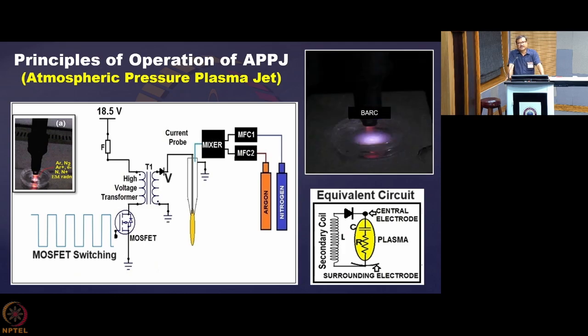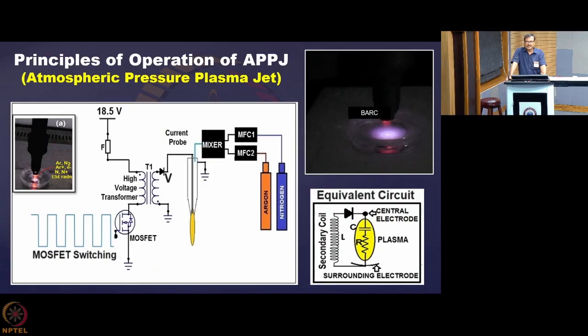Now, you know that these are the agents which can interact with biological cells. This OH radical can damage the cell membrane very effectively.